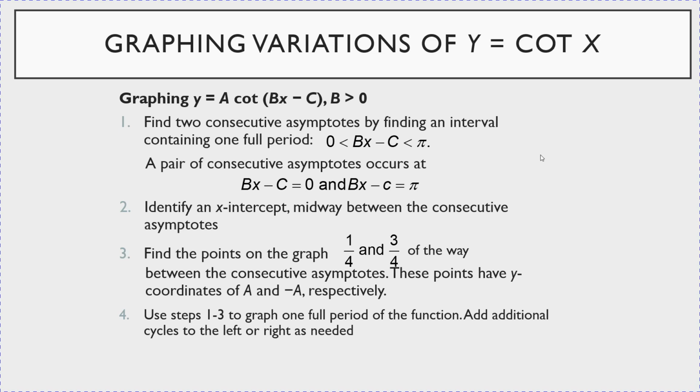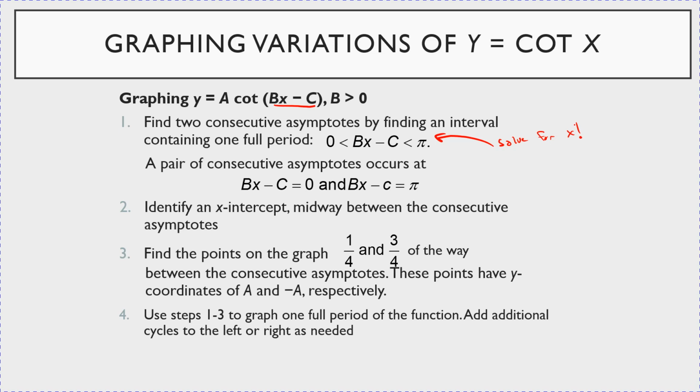This time you're going to do it by looking at this: 0 is less than bx minus c, the inside of the cotangent function, which also has to be less than pi. So we're going to solve this for x. And then you're going to have a pair of consecutive asymptotes, first where bx minus c is equal to 0, and then where bx minus c is equal to pi.